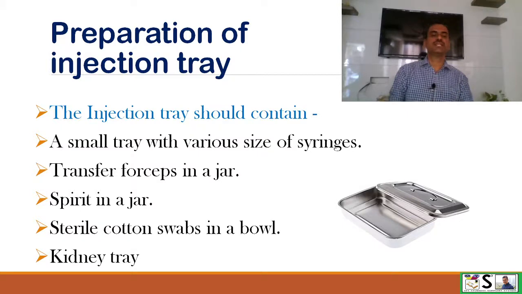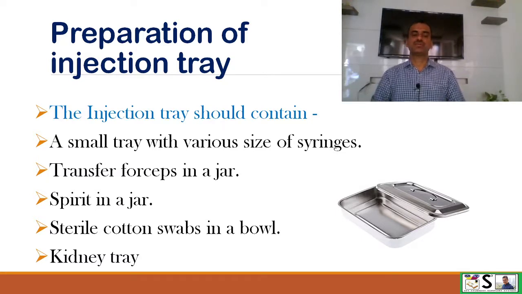The injection tray should contain a small tray with various sizes of syringes: 0.1 ml, 0.5 ml, 2 ml, 5 ml, 10 ml, 20 ml syringe as per the need of the patient, and then a transfer forceps in the jar.